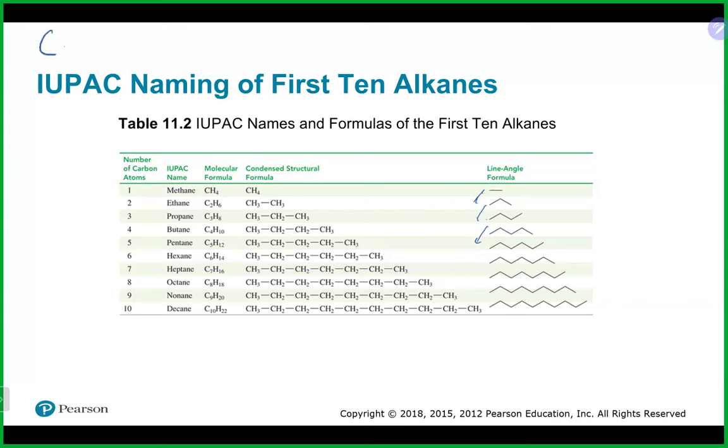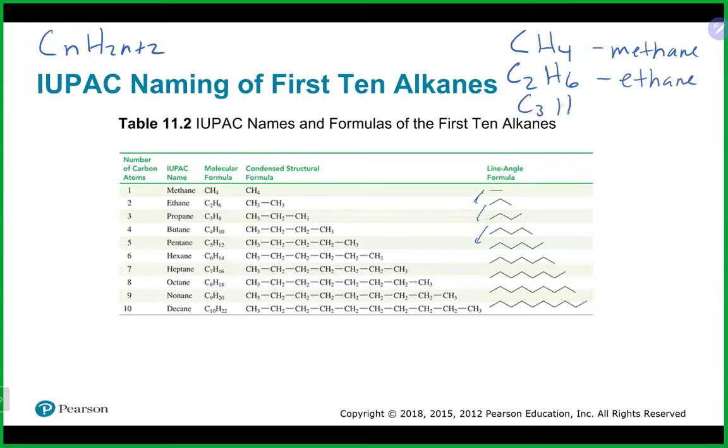They have a general formula, CnH2n+2. So once again, if we have one carbon, we will have 4 hydrogens, and that is methane. 2 carbons, 2 times 2 is 4 plus 2 is 6 hydrogens, is ethane. 3 carbons, 3 times 2 is 6 plus 2 is 8, would be propane. 4 carbons, 4 times 2 is 8 plus 2 is 10, is butane.